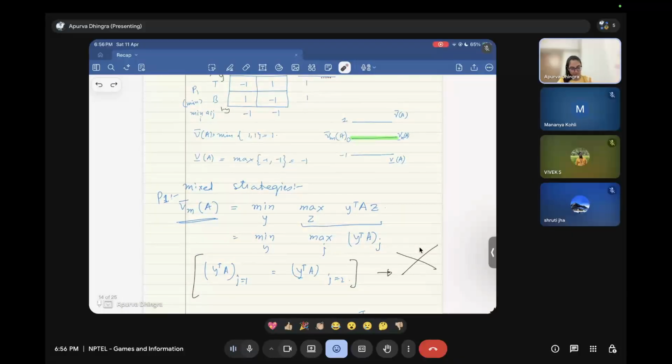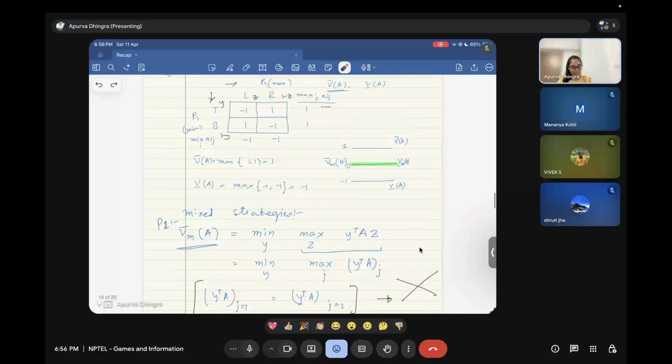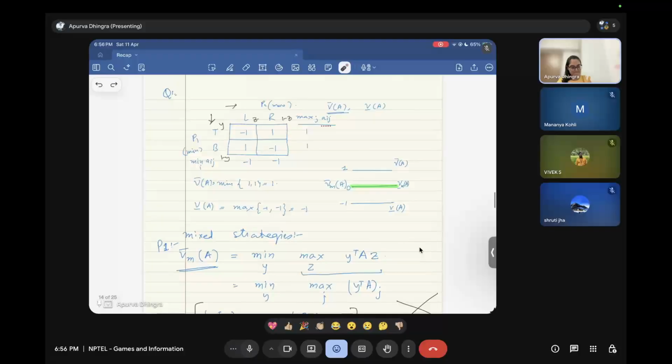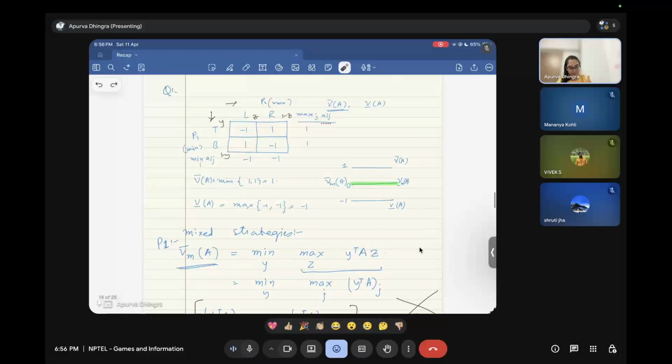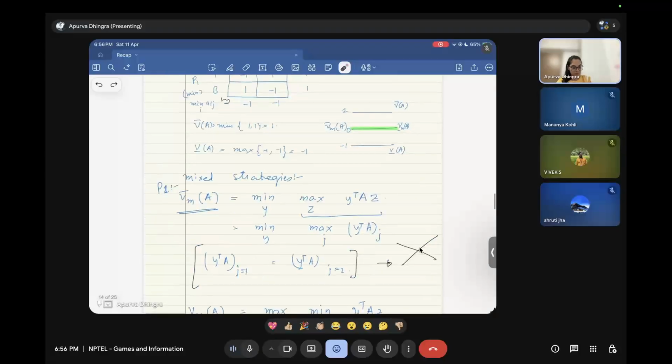So this is one example where, in mixed strategies, you were calculating how to solve for these mixed strategies, as in how to get the value of the probability y and the probability z. That means you're doing the min max, and while doing the max, or whatever is the first operation that you're supposed to do, you do that operation more carefully.